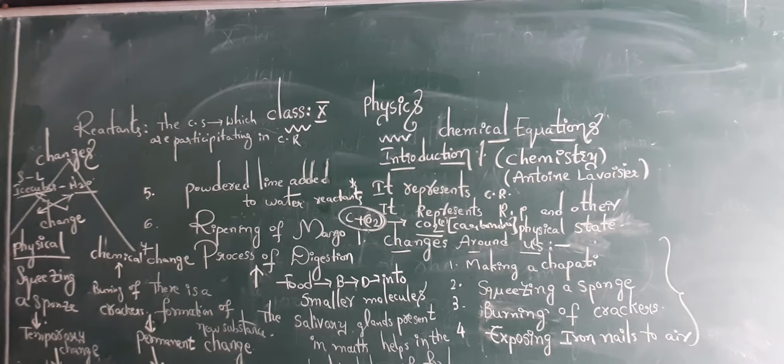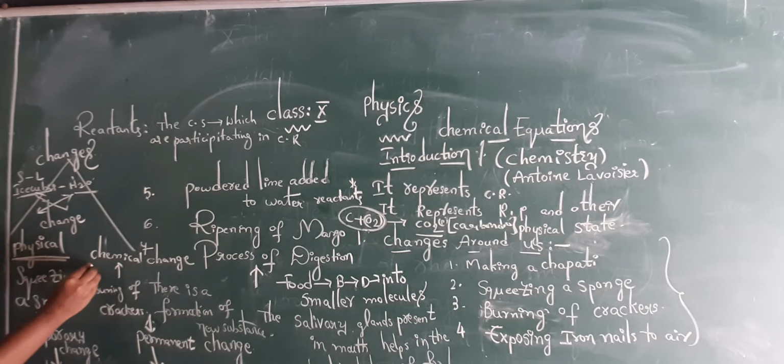This is also a good example of physical change. In physical change, we don't see color changes. But in chemical changes, we can notice the color change. The structure of the product begins to change, and the size of the structure may vary.